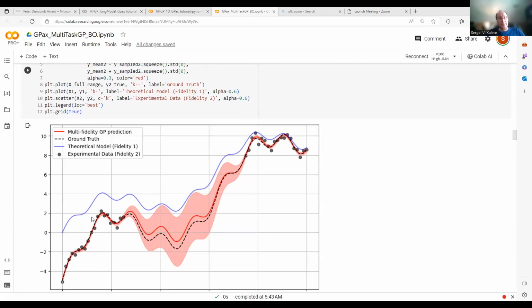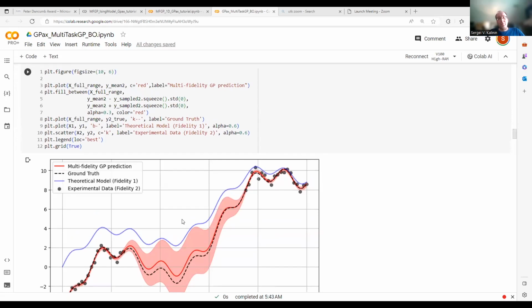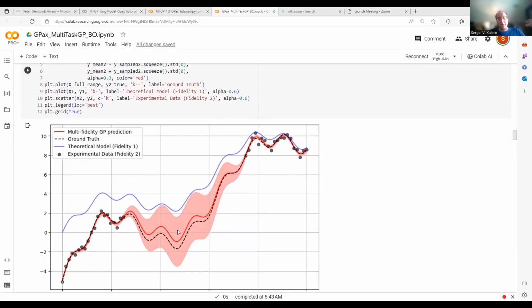In this case, we again have full access to the information in the blue curve, which is great. We have a partial experiment, and then we learned two things. We learned the prediction of the experiment. Notice that our multi-fidelity GP prediction is actually remarkably close to the experiment, because it learned how the theory and experiment relate in these regions.